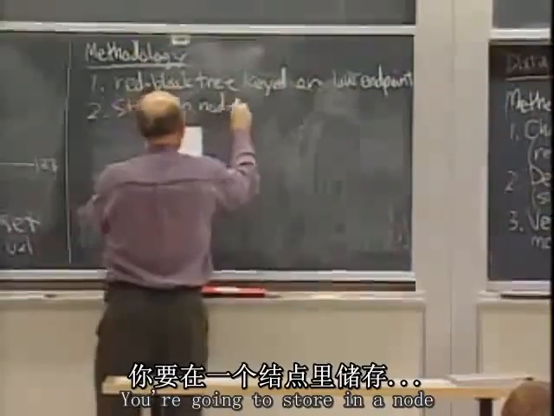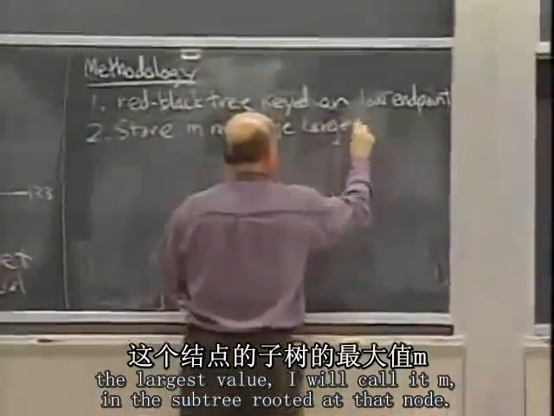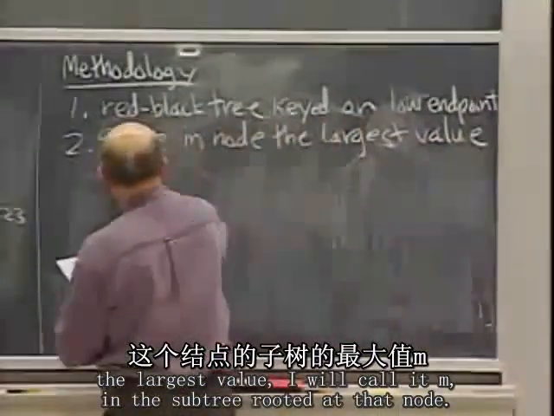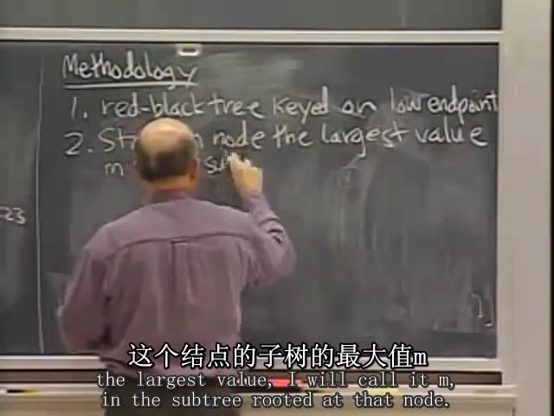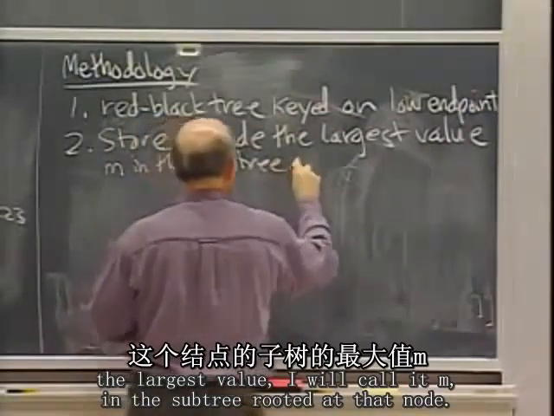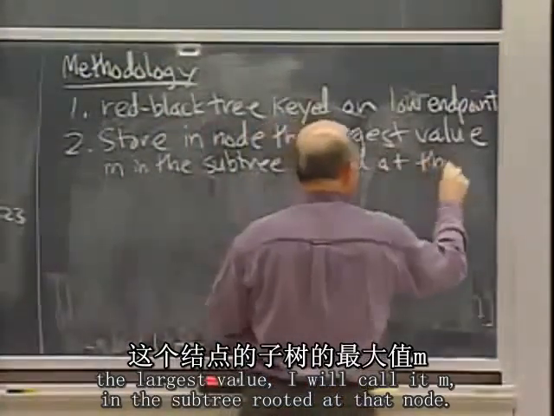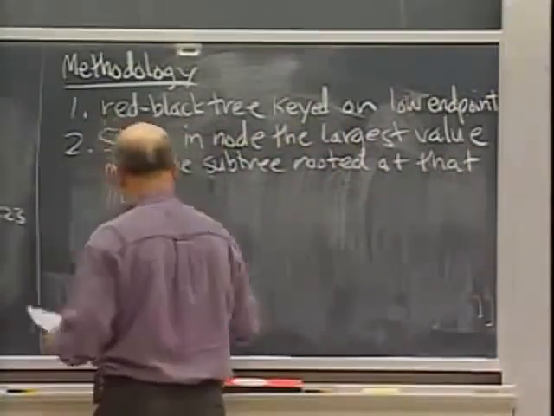You're going to store in a node the largest value, we'll call it M, in the subtree rooted at that node. Let's do it.